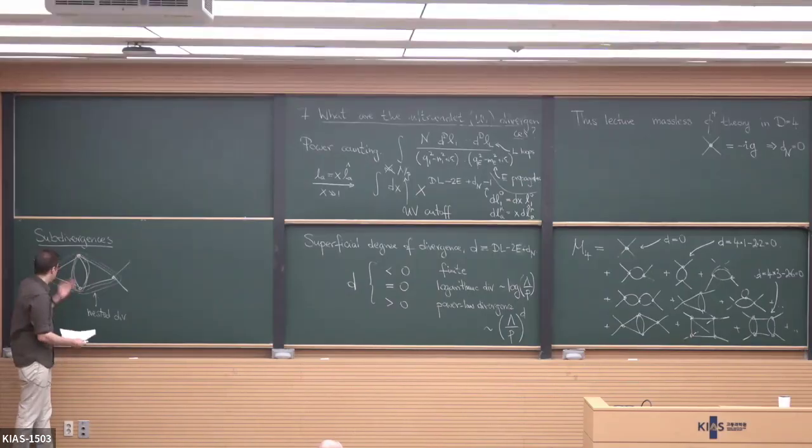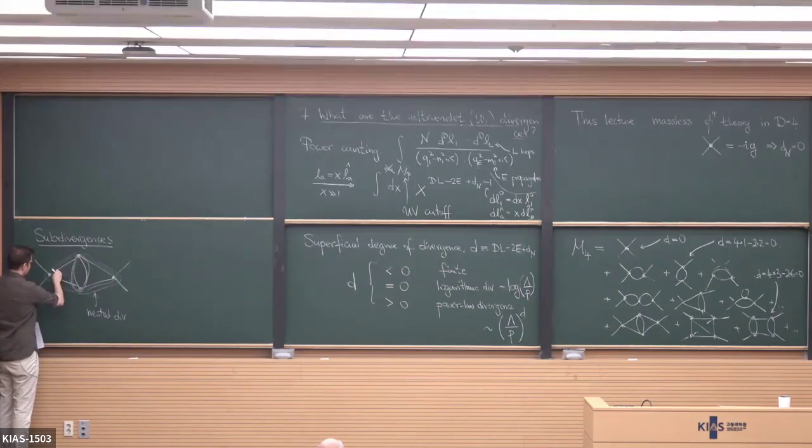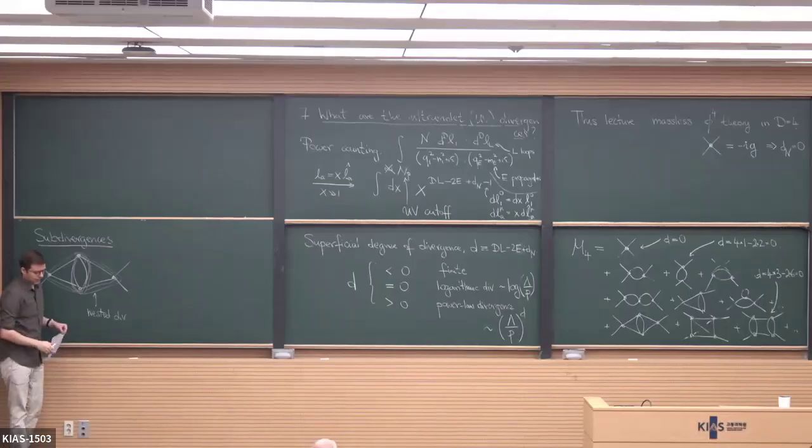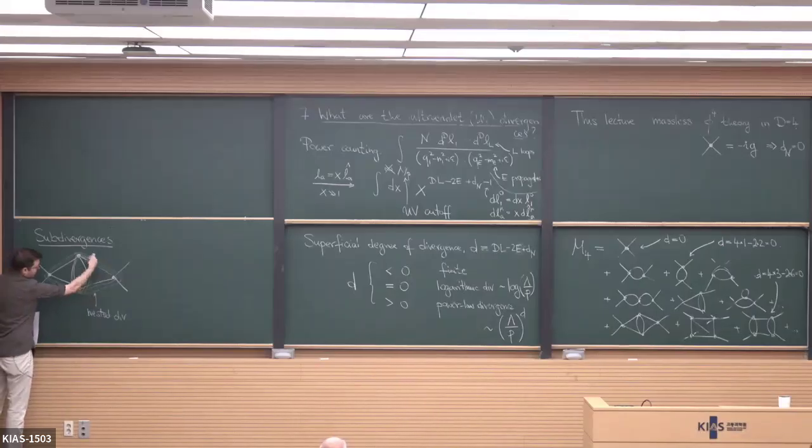There's also the idea of overlapping divergences. If you notice, there are now a lot of lines here. If you look at this left so-called ice cream cone diagram, it actually overlaps with the right ice cream cone diagram at the bubble. So that's the idea of overlapping divergences.